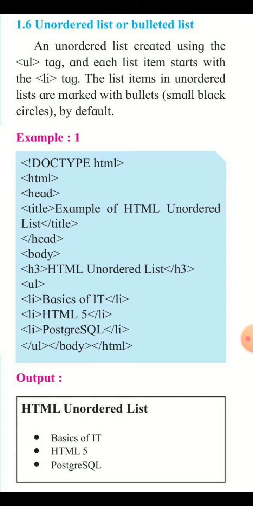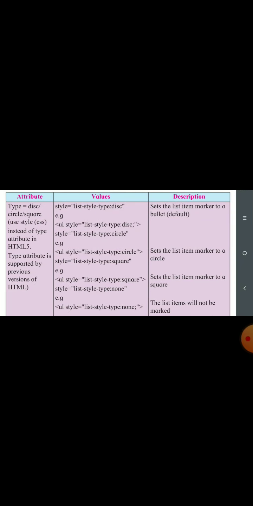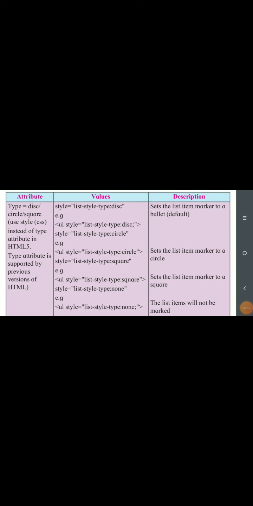Now see the attributes of the unordered list. The first attribute is type, which is equal to disk, circle or square.